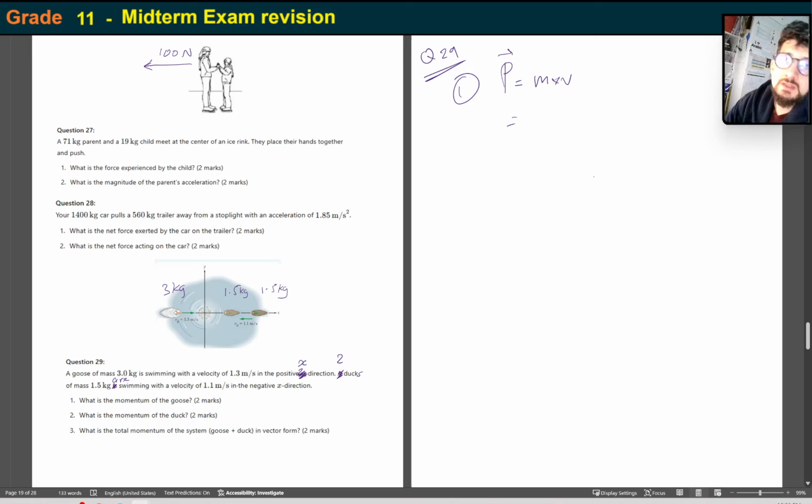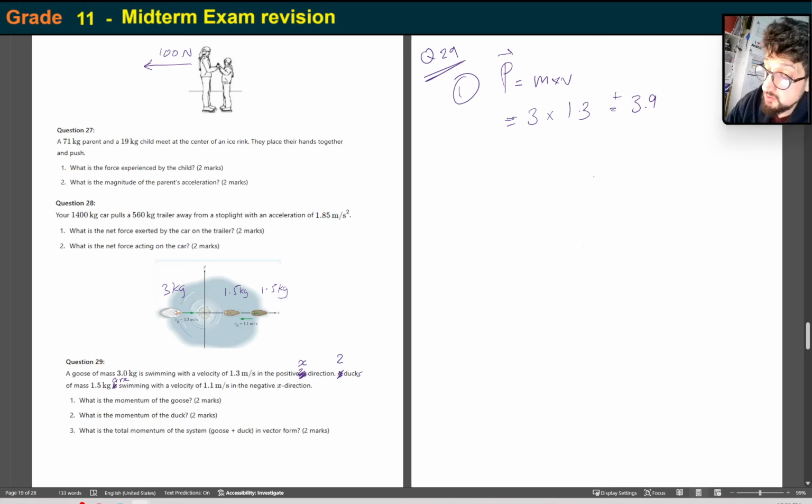Momentum, force, acceleration, displacement, velocity, all of them are vectors, so they have direction. We know the mass of the goose is 3, and we know the velocity is 1.3. So it's going to be 3.9, and I'm going to say plus 3.9, or 3.9 in the positive direction.